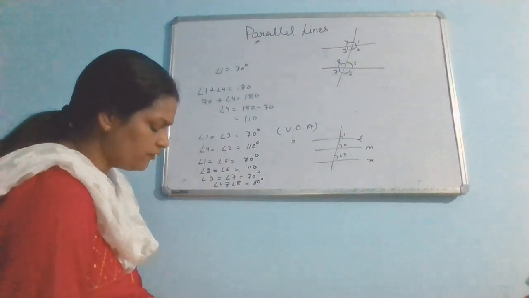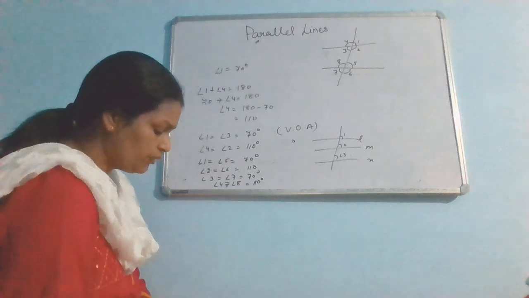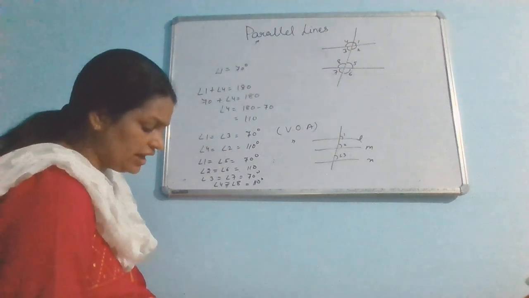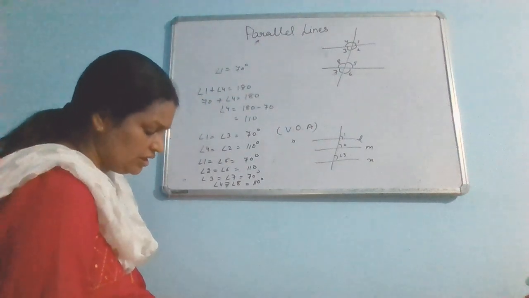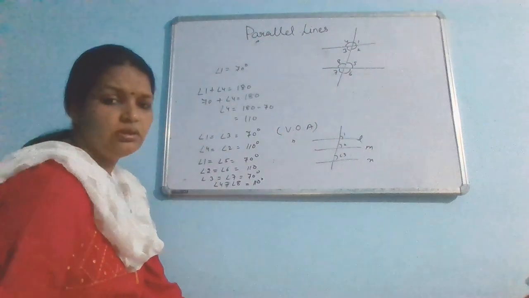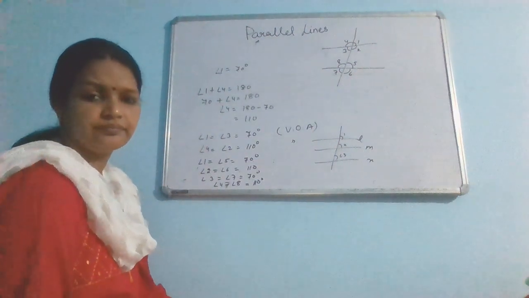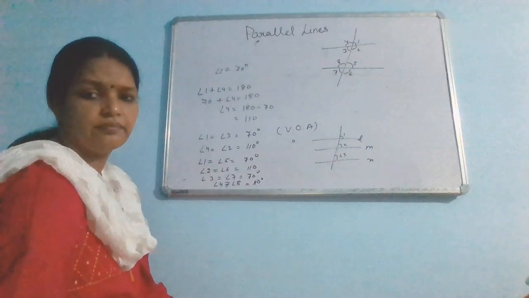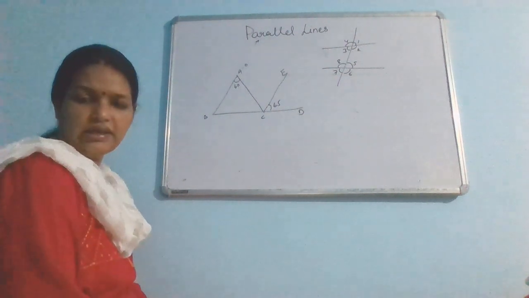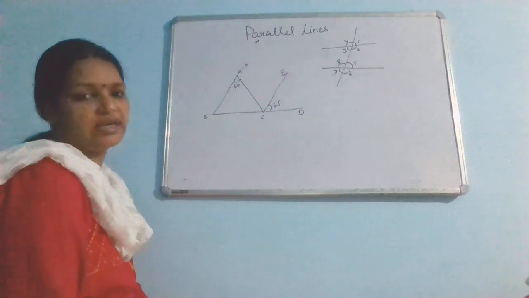Now see in question number 4 what we have to find out. There are two parallel lines, CE and BA, and this is something different they have drawn. In this question, students, we have to find angle ACB, and it is given AB is parallel to CE.